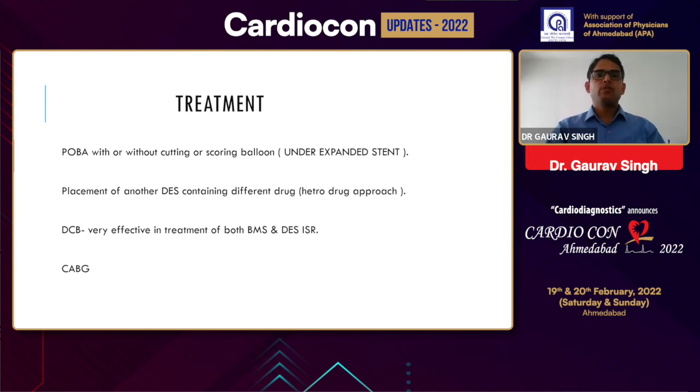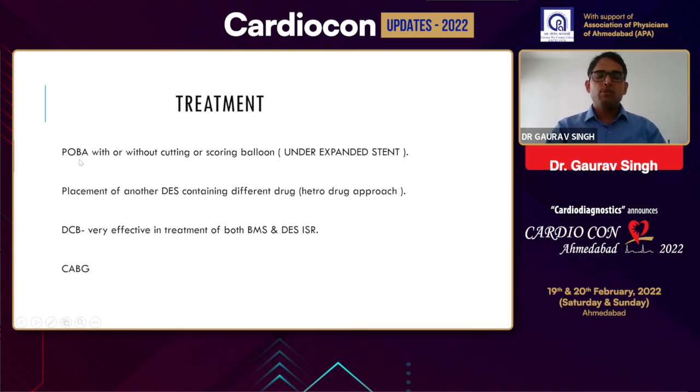So what would be our treatment options? Once we have imaged the vessel, the first option is POBA, age-old POBA, that is plain old balloon angioplasty, with or without a cutting or scoring balloon. This is an age-old method, and works well if the ISR stent is underexpanded.